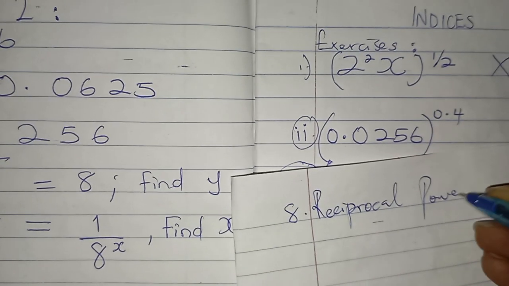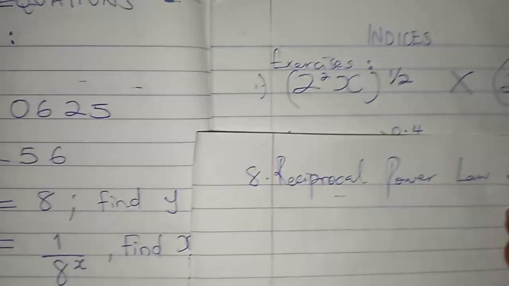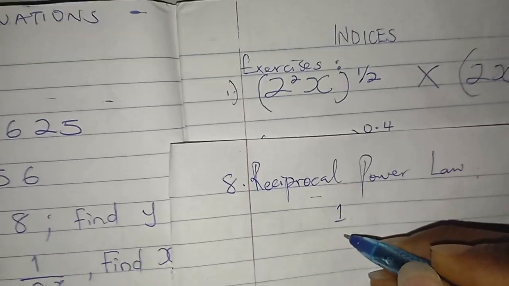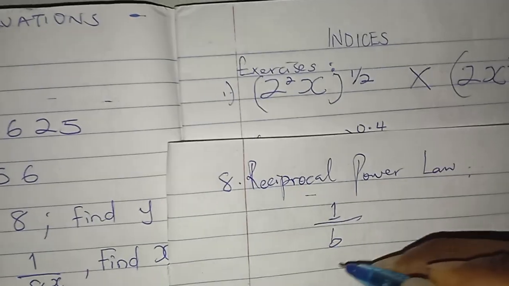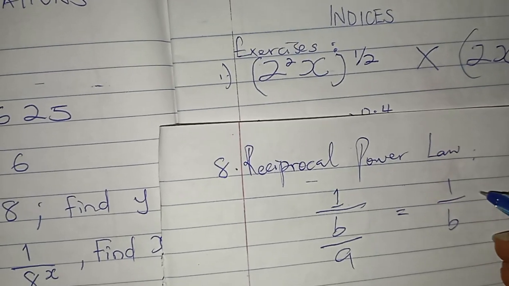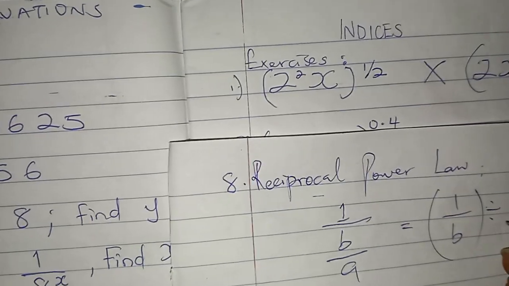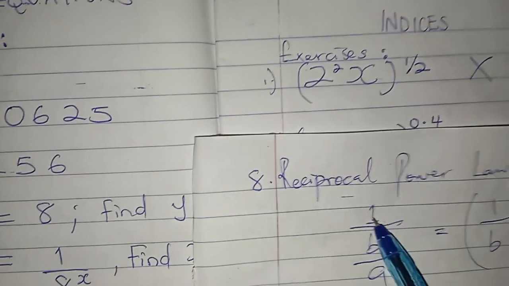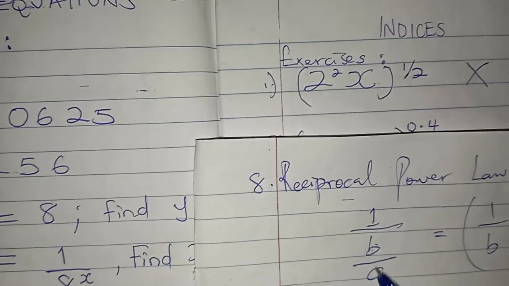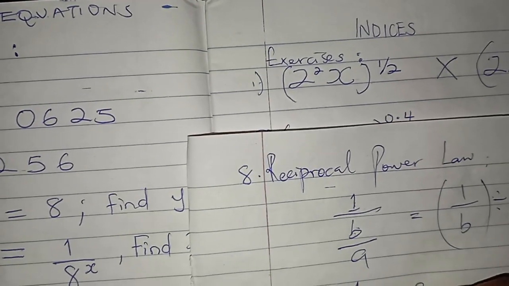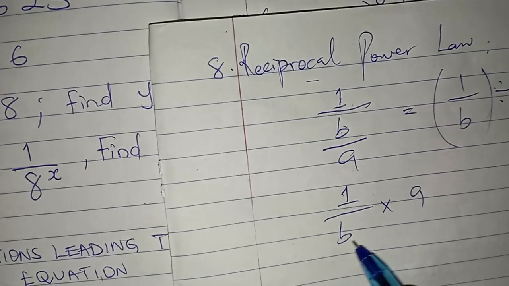This law states that if I have, for example, 1 over b over a, I'm not supposed to say that this is the same thing as 1 over b divided by a, because if I do it, I'm not dividing the whole thing. Rather, 1 is being divided by b, and b is being divided by a. So I'll place it in such a way that b can divide a.